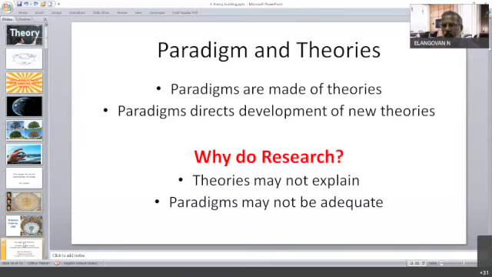So we add new content into the same domain, into the same paradigm, and the paradigm itself is going to direct the development of new theories. So through the eyes of the paradigm only, new theories are added to it. It is the theories that fall into that paradigm that get included into the paradigm.